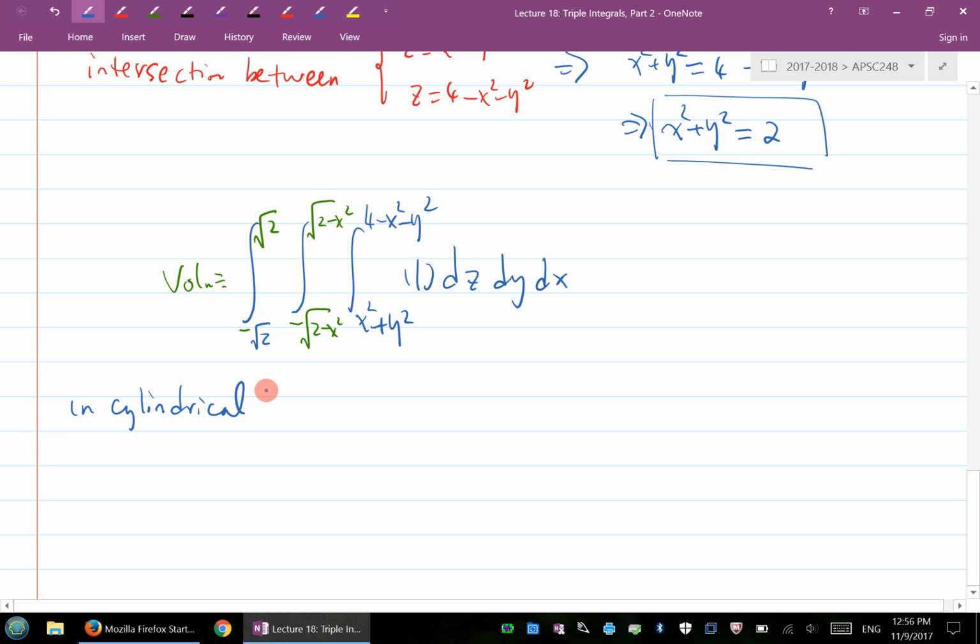So let's look at the cylindrical here. For cylindrical coordinates, you also have to decide on the order of integration first. You do have three variables: r, theta, z.